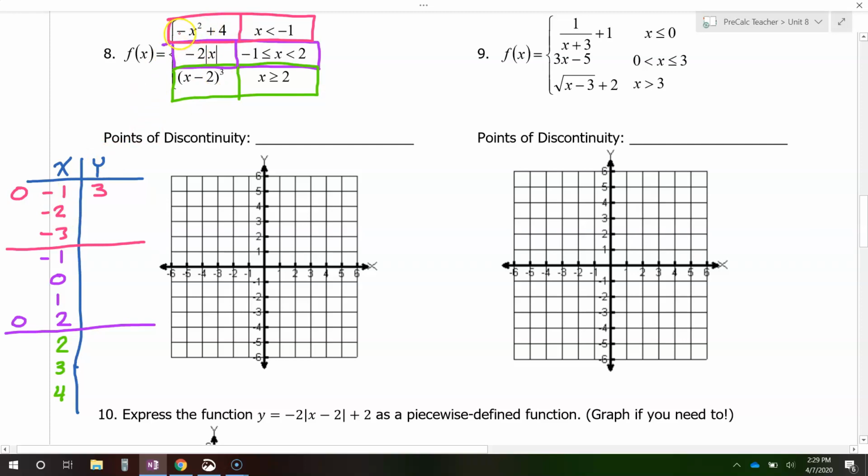But then the negative sign makes it a -4. The -4 plus 4 is 0. So we're going to get 0 now. First we square the -3. That's positive 9. But then this makes it a -9. And then plus 4 gives us a -5.